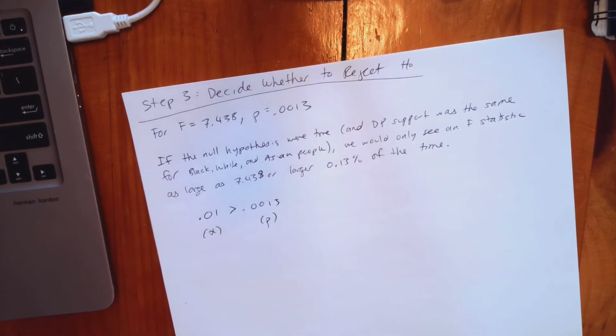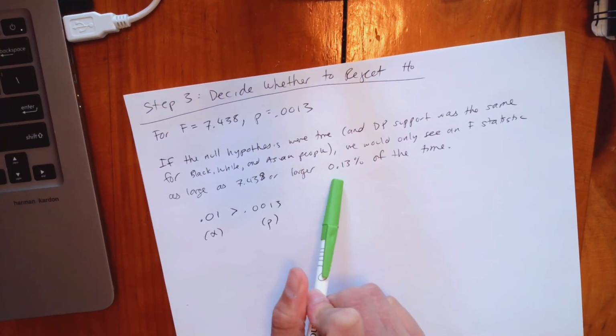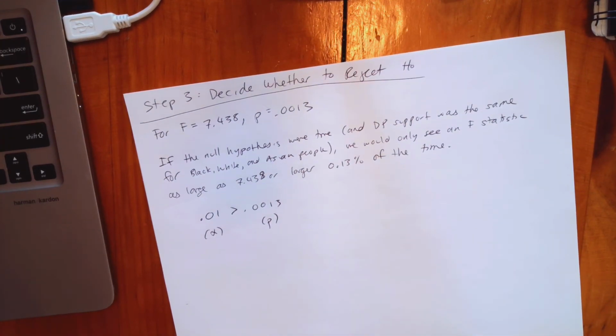So our p-value is smaller than our alpha level, and that means we're saying it's too unlikely that we would have gotten samples that look like this from a population where the null hypothesis were true. And so we're going to take this as evidence that the null hypothesis is not true. In other words, we're going to say this is evidence that goes against the idea that the mean level of death penalty support is the same for these three racial groups that we're looking at.